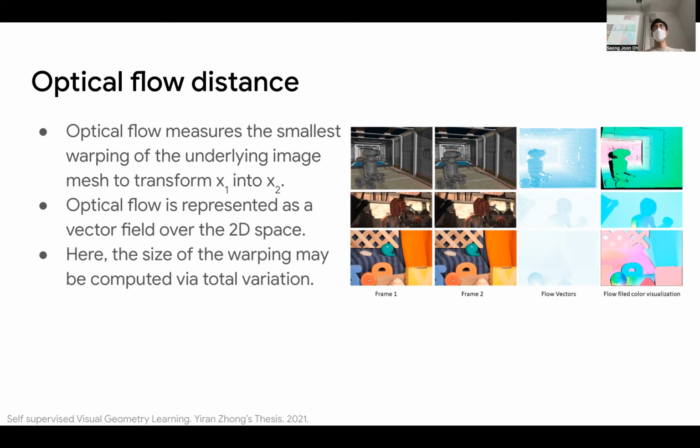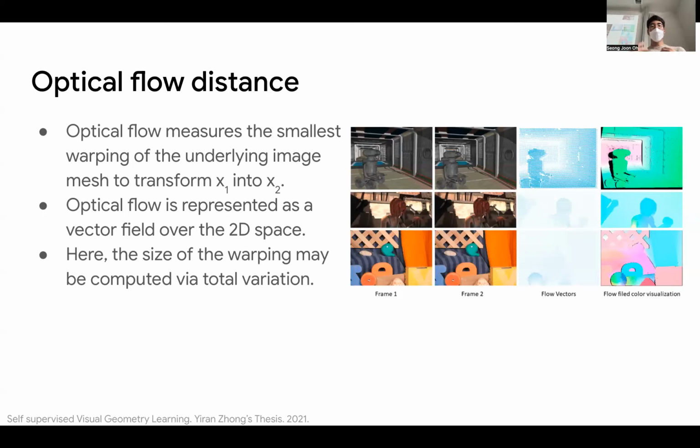So the task here is to find the exact pixels in the first frame and the second frame that encode the same patch in the image, the same position in the ball. And by using optical flow estimation, you can find these correspondences. After finding the correspondence, you can measure the pixel-wise distances. For each pixel that is transported, you measure the distance, and then you take the average of the distance that every pixel in your scene is making.